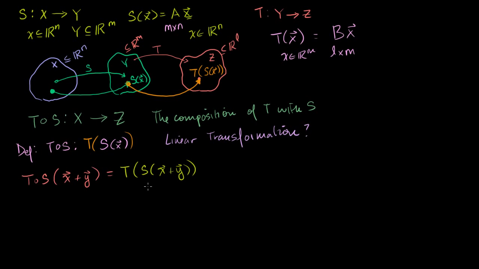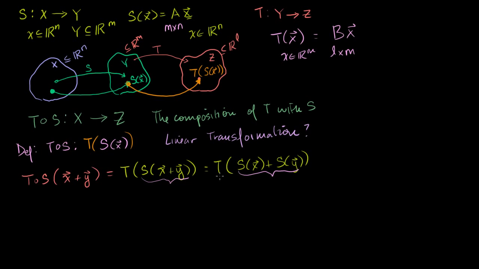And what is this equal to? I told you at the beginning of the video that s is a linear transformation. So by definition of a linear transformation, we know that s of x plus y is the same thing as s of x plus s of y. We know that we can replace this thing right there with that thing right there.